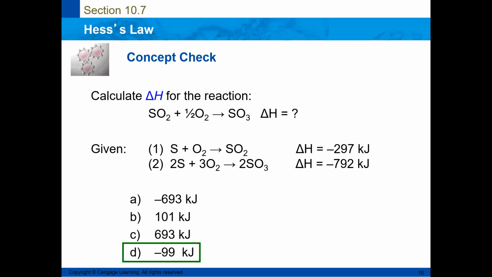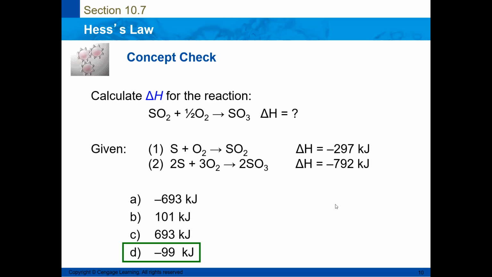Okay, so it says delta H for this reaction, given that this is our target. Look at the SO2, it's in the wrong spot. So we know that this right here has to be reversed. We know that first thing. All right, so I'm gonna rewrite the reactions because there's not enough room up here, so I'm gonna write them down here.